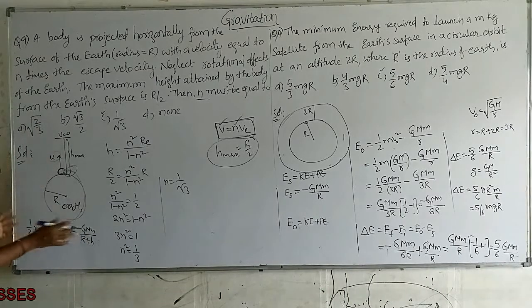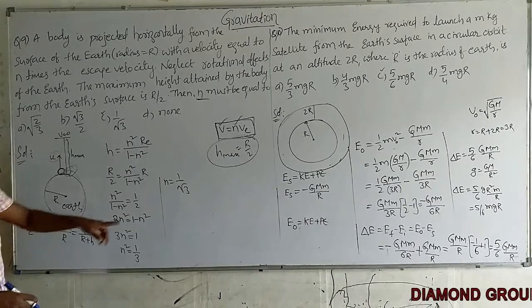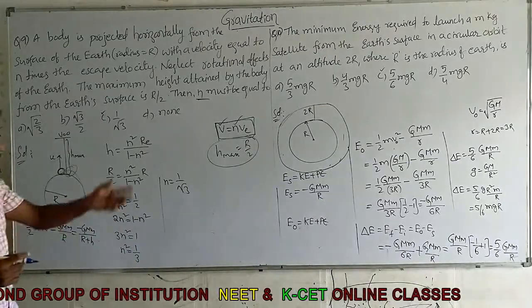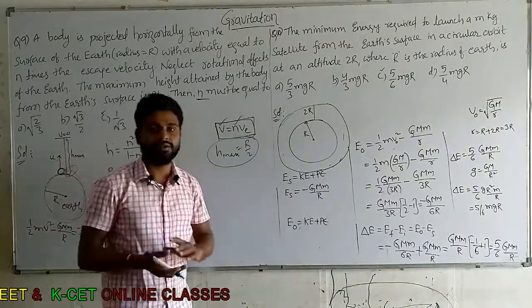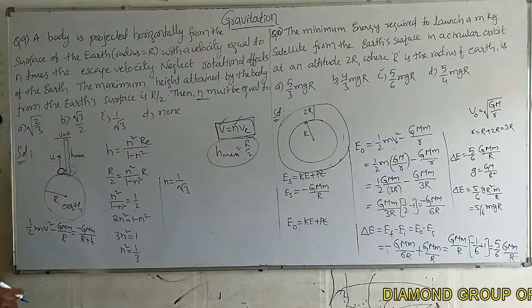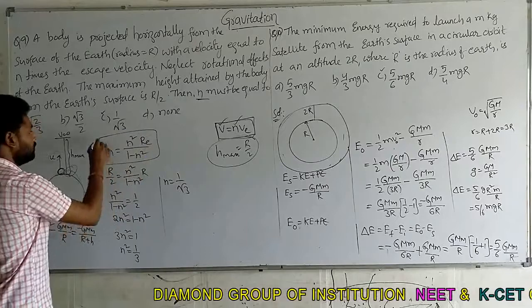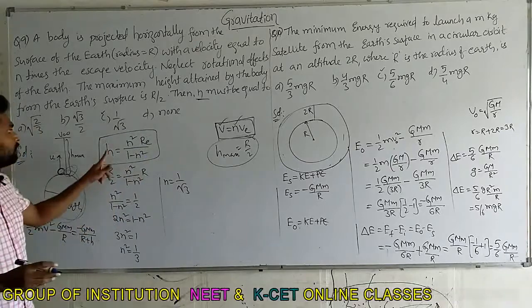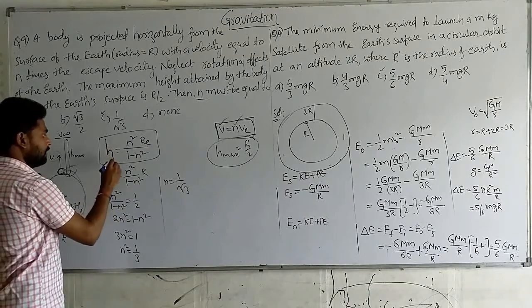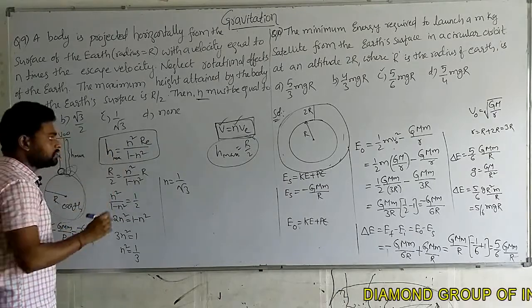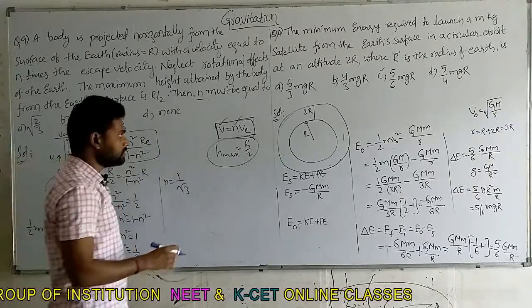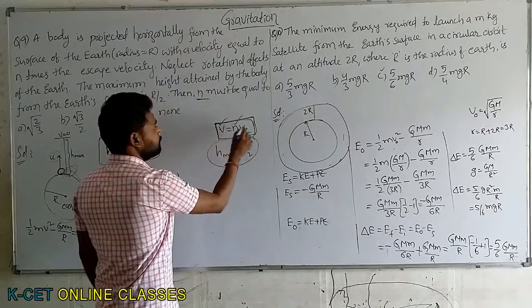Okay, so after simplification of this one, v is nothing but n into v_e, they have given. We have to substitute v equal to n into v_e. Escape velocity formula we have, square root of 2GM by R. Substitute that, simplify that, and we will get the formula. Direct formula I am giving you, remember this formula. If you remember this formula, enough. h equal to n square by 1 minus n square into R_e. h is the maximum height attained by the body, R_e is the radius of the earth. n is nothing but the relationship between the velocity of the body and the escape velocity.